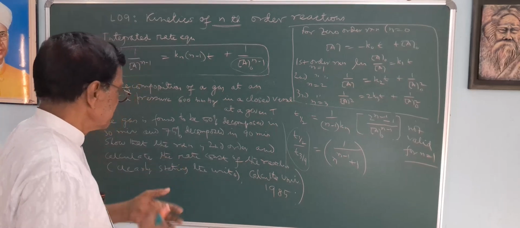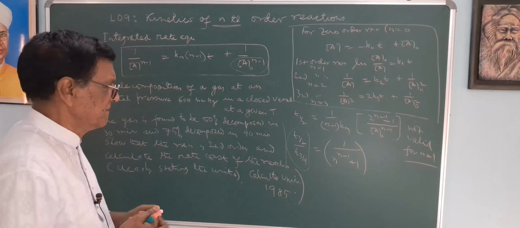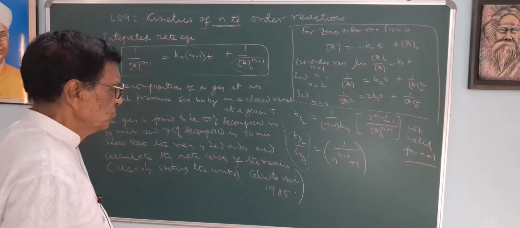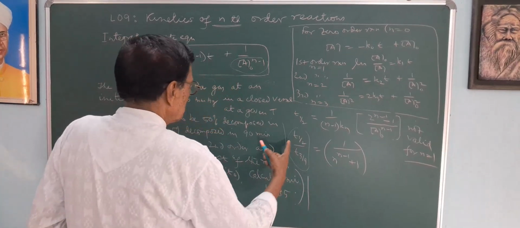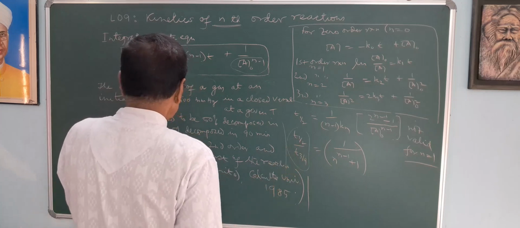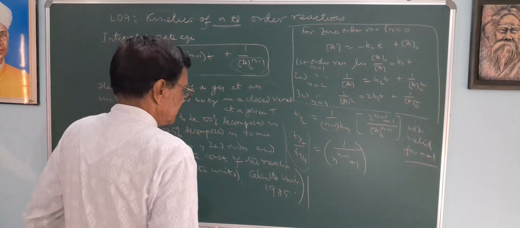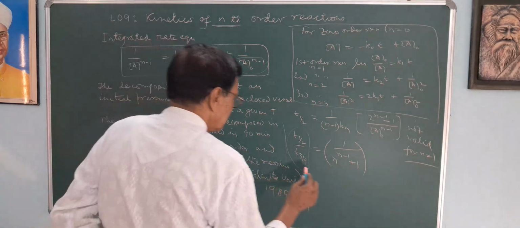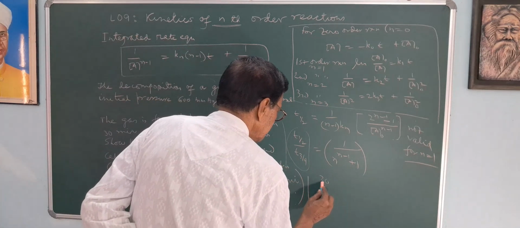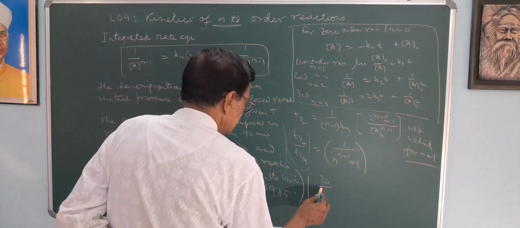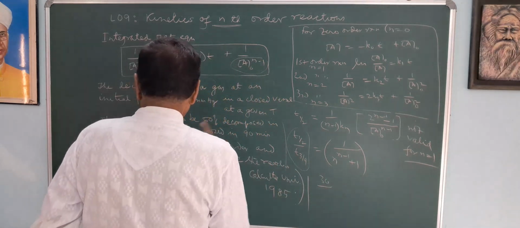Now the first question is: what is the order of this reaction? Here T half, meaning 50% decomposed, is 30 minutes, and the other is 90 minutes.